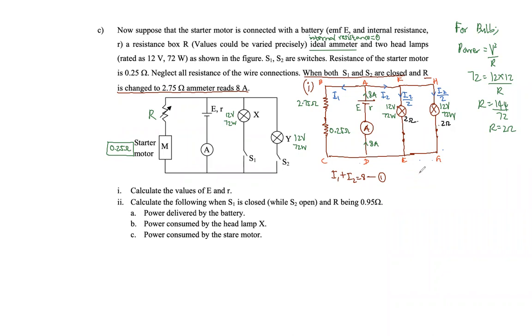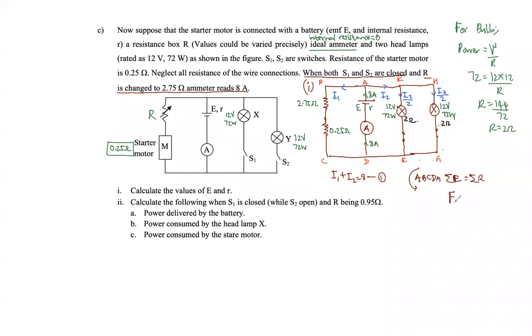If I apply Kirchhoff's law for the circuit A, B, C, D, A, sigma E equals sigma IR. There's only one battery.